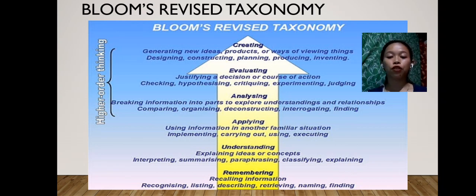Analyzing is breaking information into parts to explore understanding and relationships. In analyzing, it's comparing, organizing, deconstructing, interrogating, and finding. Evaluating is justifying a decision or course of action, which are checking, hypothesizing, critiquing, experimenting, and judging.